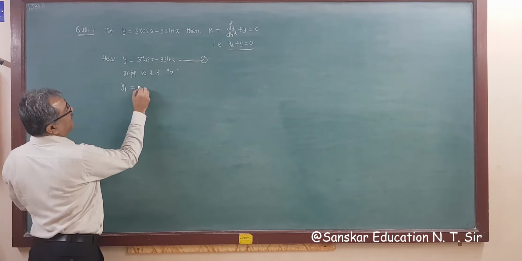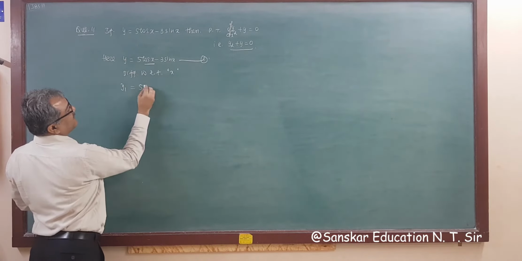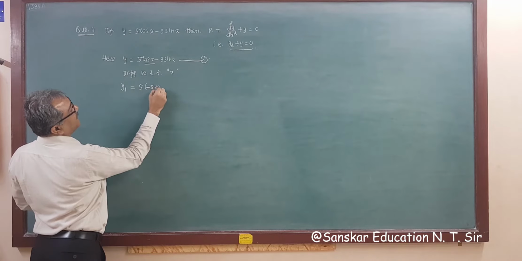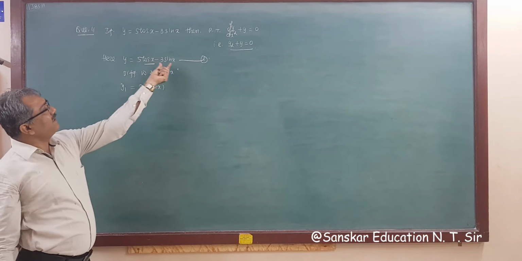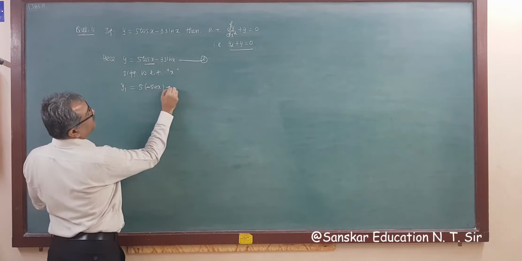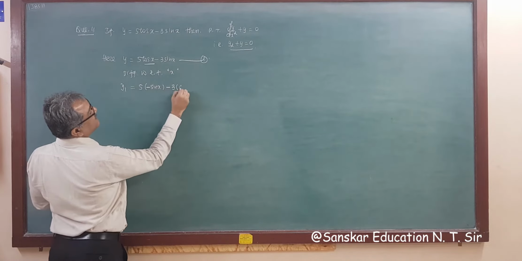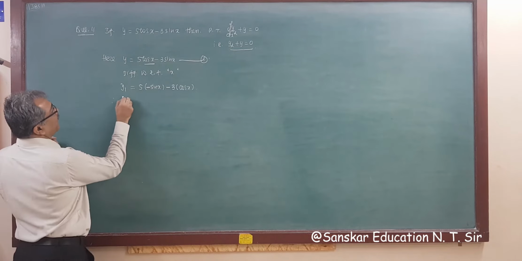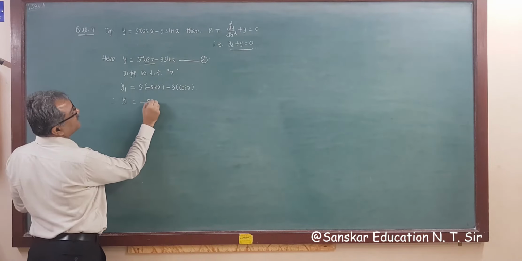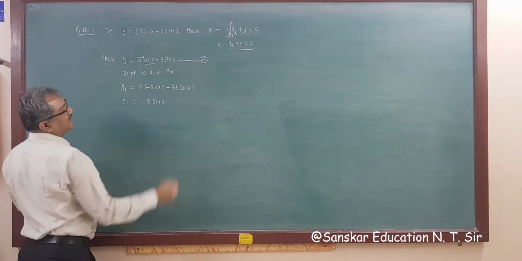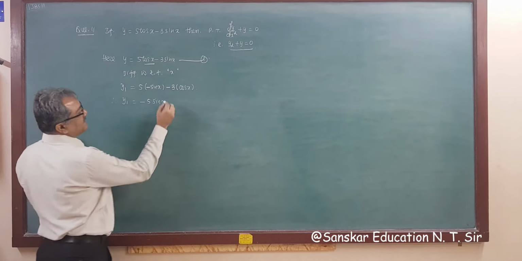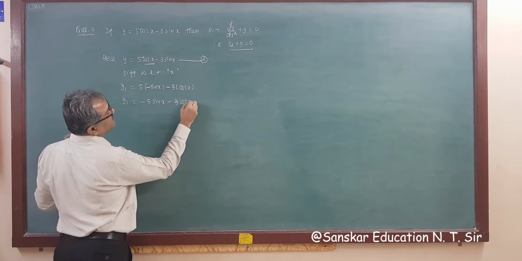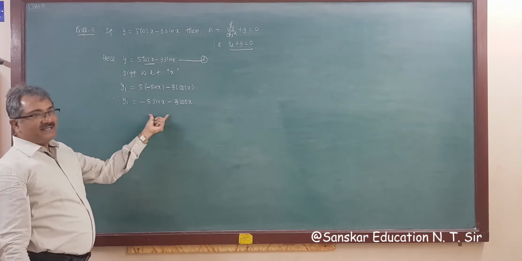So keep 5 as it is, and derivative of cos x is minus sin x. Similarly, minus 3 is constant and derivative of sin x is cos x. So y1 is equal to minus 5 sin x minus 3 cos x. No need to simplify this.